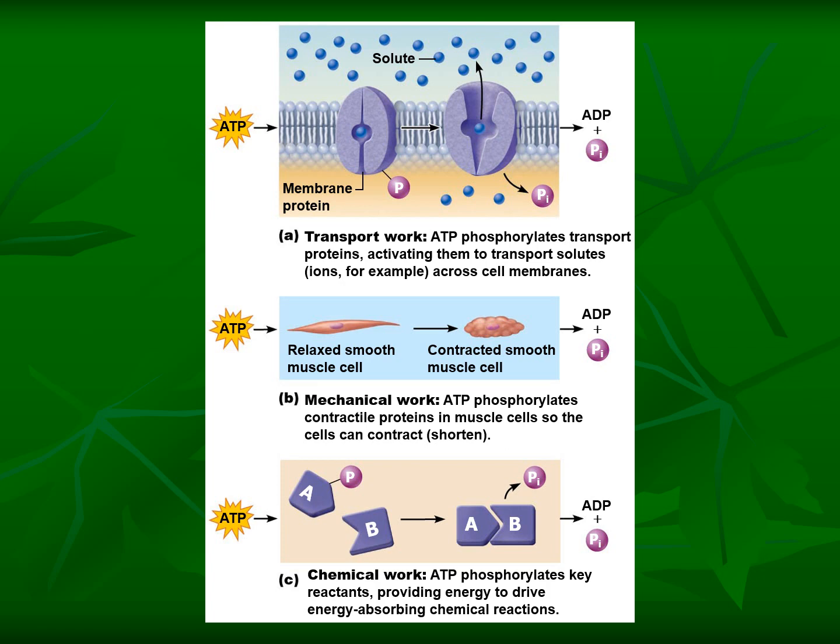Basically, it's using the ATP to help transport various proteins, various ions across the membrane that need help to move across. Sometimes it's mechanical work, where you're using ATP to help with muscle contraction. Sometimes it's chemical work, where you use ATP to help drive certain reactions, whether it's building substances from smaller compounds.